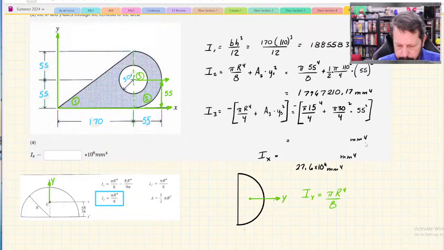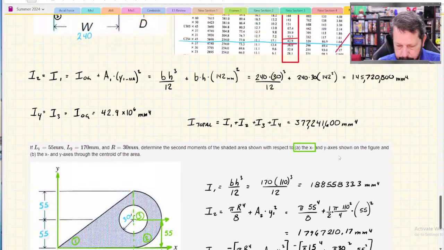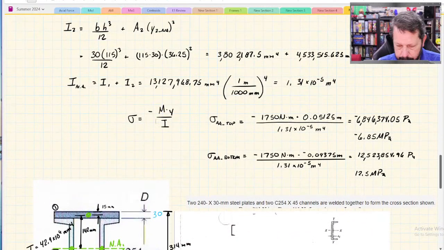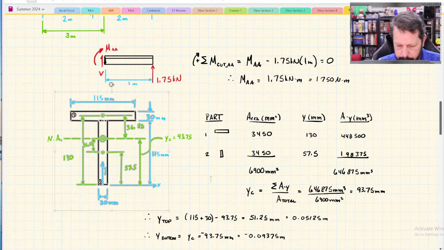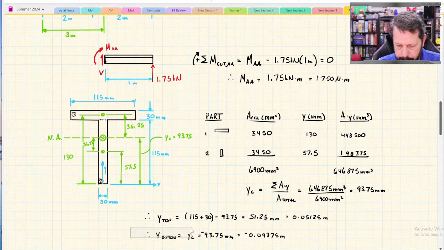What that does is, instead of like here, that's a stress equation, right? But it applies to the whole cross section. Another way to think about that is that this one cross section has a whole bunch of different stress in it. In fact, we calculated stress on the top of the beam and on the bottom of the beam and got different numbers.